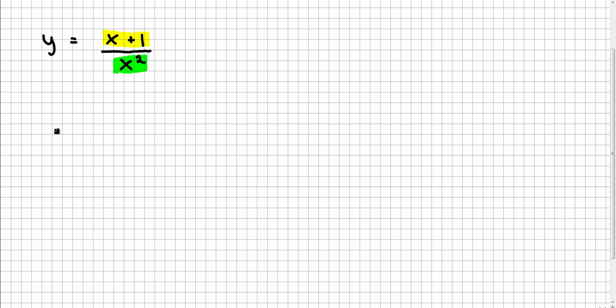So how do we do it? Well, let's see. dy/dx, the derivative of the function y with respect to x. First, we can draw this long line, and we're going to take this function to the power of 2.